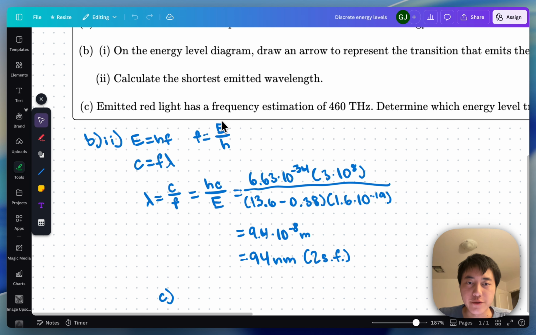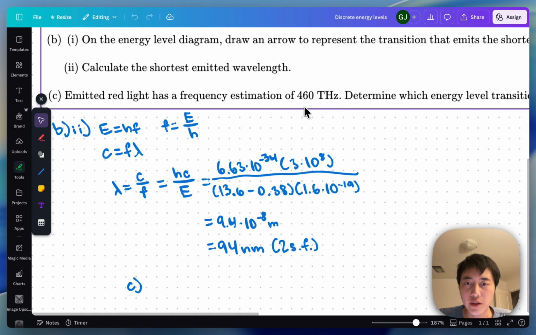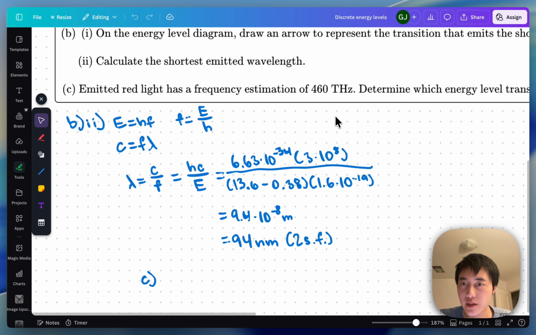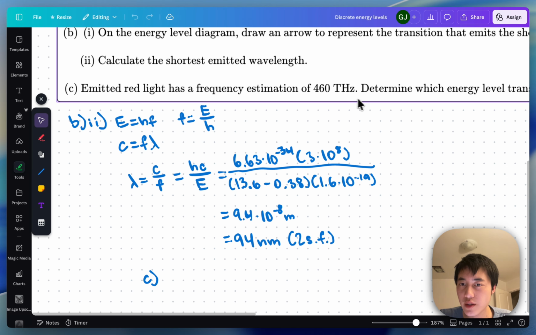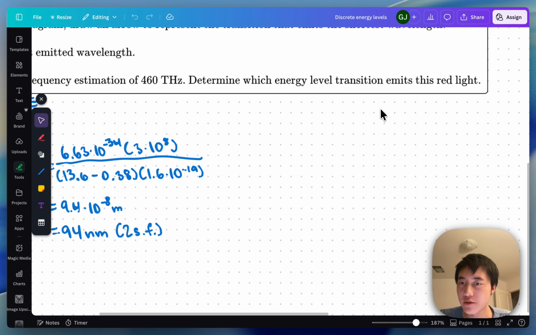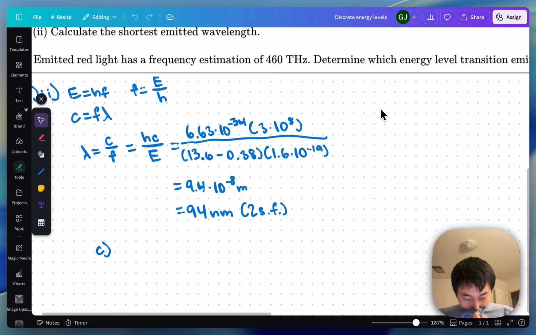Emitted red light has a frequency estimation of 460 T, okay, that's probably a prefix, hertz. Determine which energy level transition emits this red light. Let's write down what variables we have.